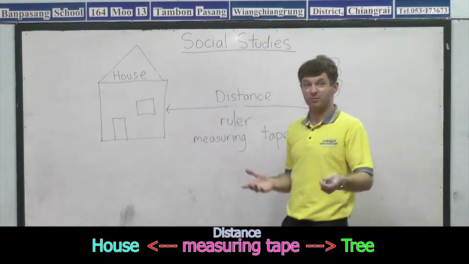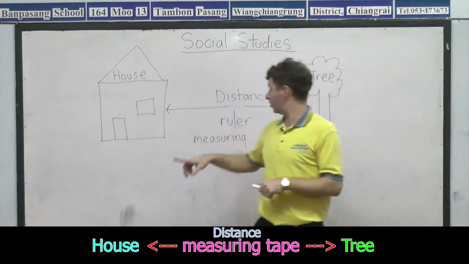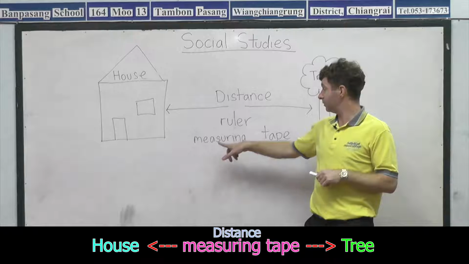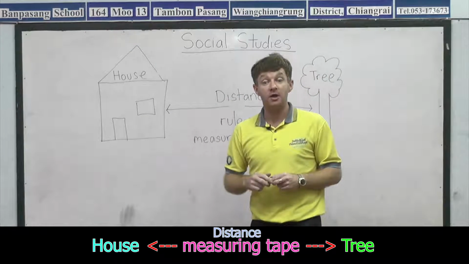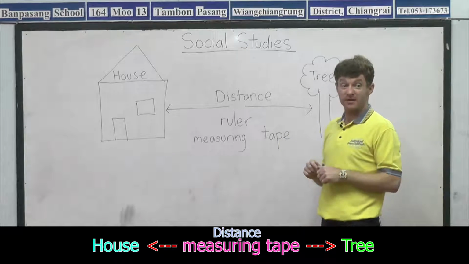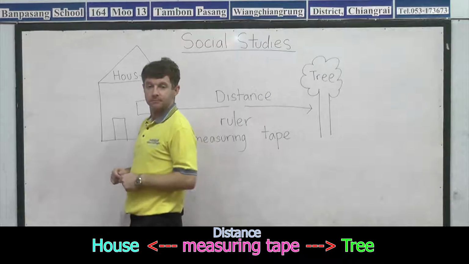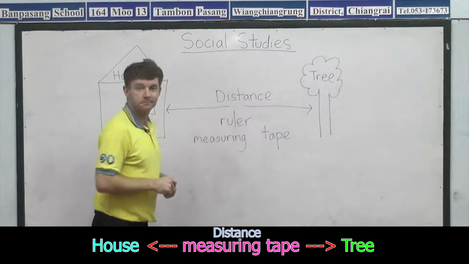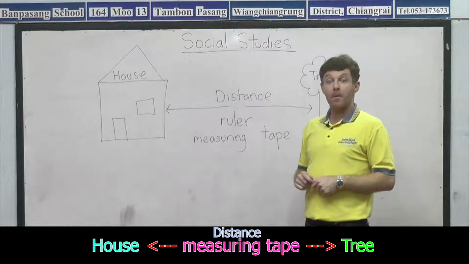But you know what? There's other sorts of things that we can use. Back in olden times, before we had rulers, before we had measuring tape, do you know one thing that was used in olden times? Do you know what this is? Pace.